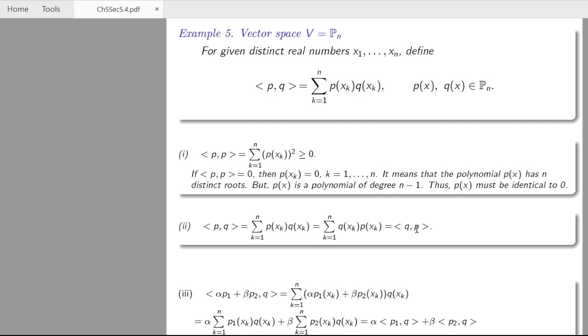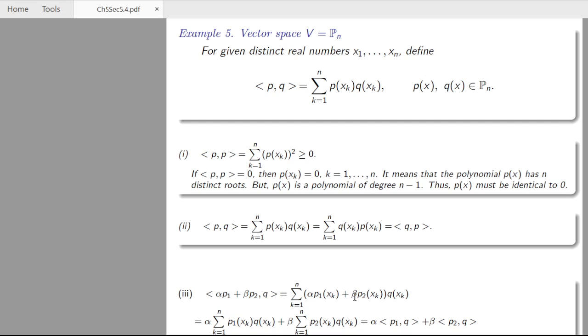The third property is also simple. In this case, we substitute p(x) by alpha times p1(x) plus beta times p2(x). Then by the definition, we get this summation of products. For this summation, we can separate the terms, and then alpha we can pull to the front, so we get this.